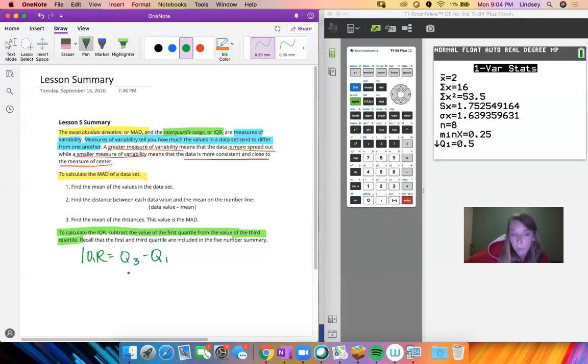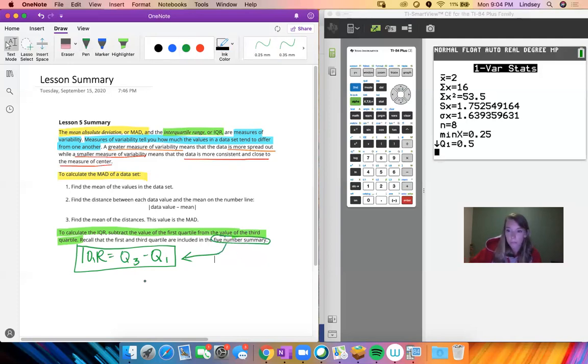Now, it is important that the Q3 is first. So remember that. That is a little formula you will have to know as we move forward. Okay? So remember, to do that, you have to find the 5-number summary first in order to find your IQR. Okay, which is why I had you practice that over and over again, because that's just one little extra thing you can do with it.